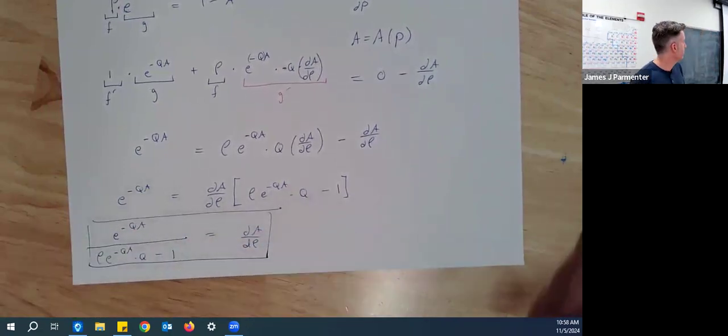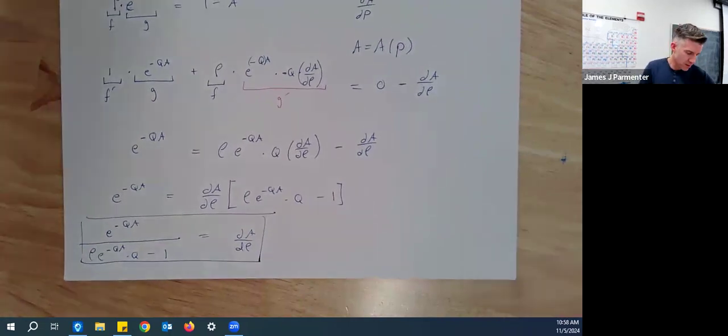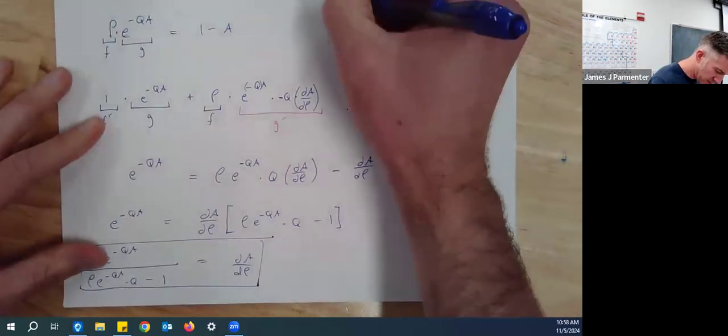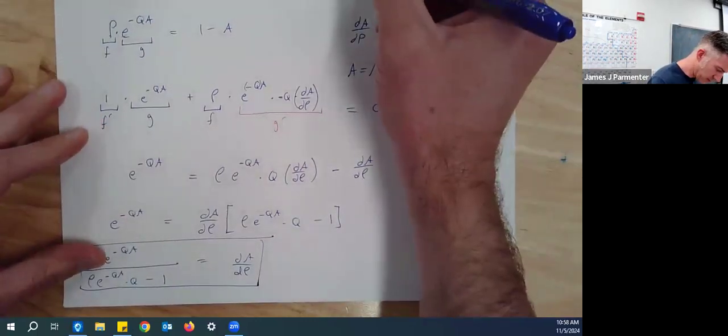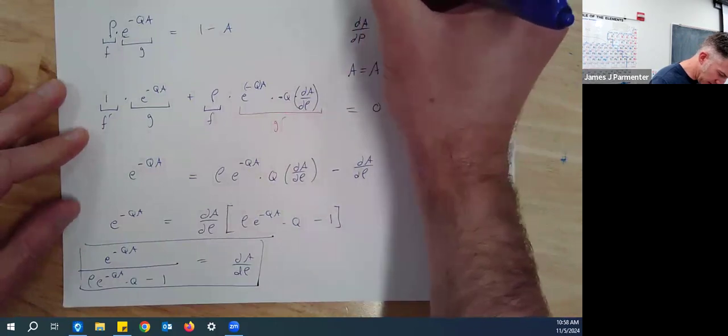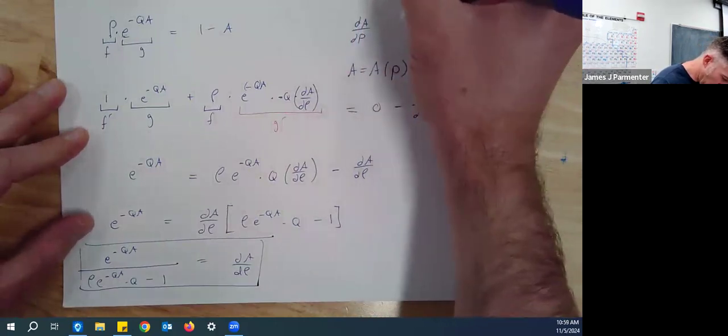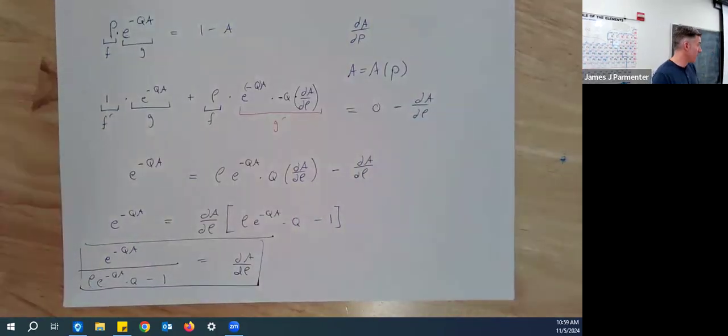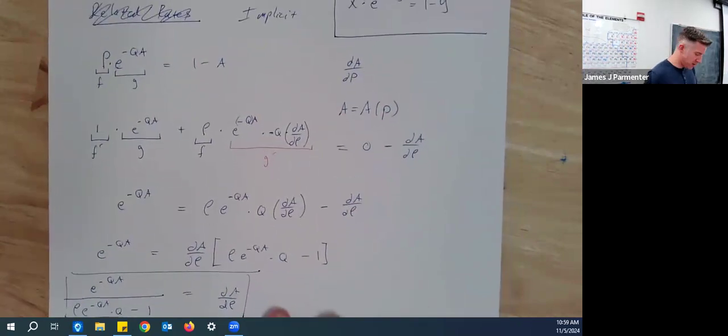That's what that looks like. Not terrible, but definitely made harder by using atypical variables. If this had instead been x times e to the negative q y equals 1 minus y, it might have been a little easier to find dy/dx. Oh, I'm sorry, I didn't say that. Different answer?